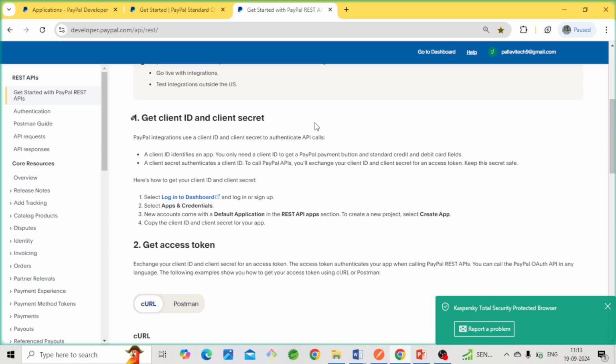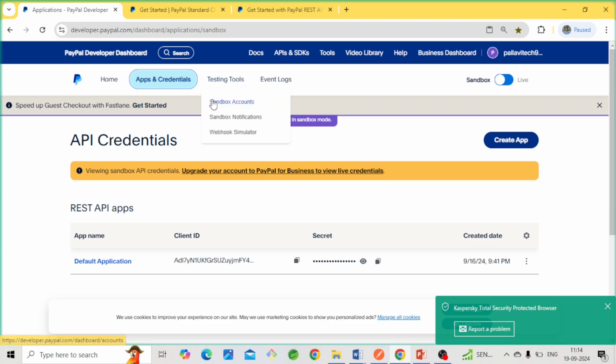For getting these, we need to log in to the developer site. I already created an account. Here you are getting the client ID and client secret, the API credentials. We will see how we get these API credentials.